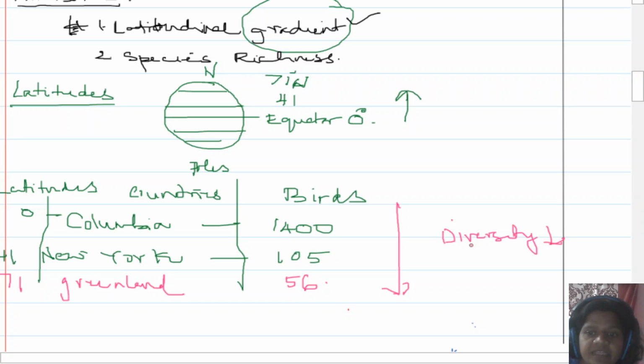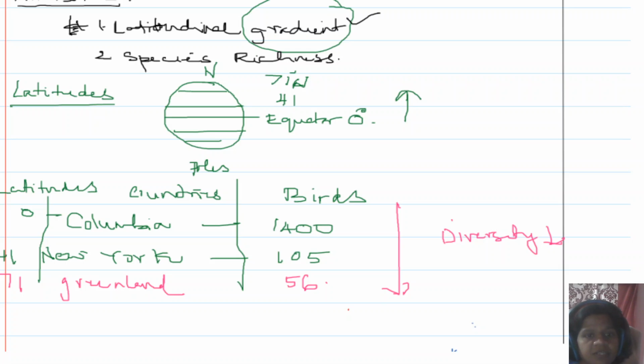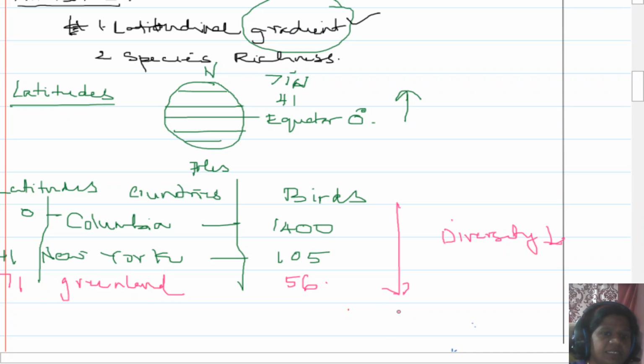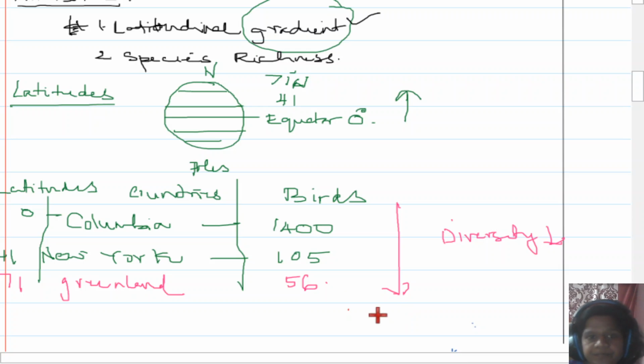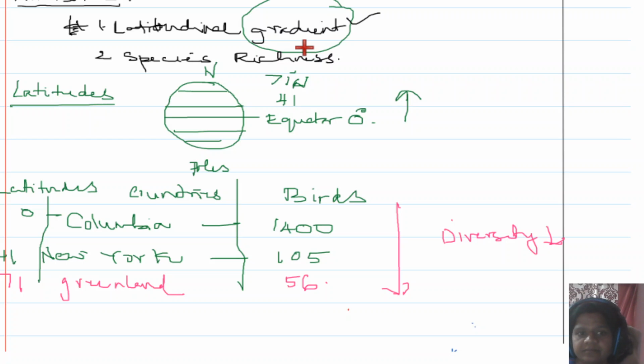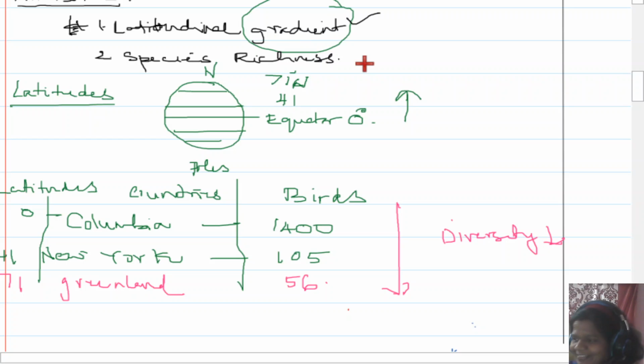Not just birds, this is just an example, but usually the flora and the fauna go down as you go from the equator to the poles. So this is the latitudinal gradient that we see when it comes to biodiversity.